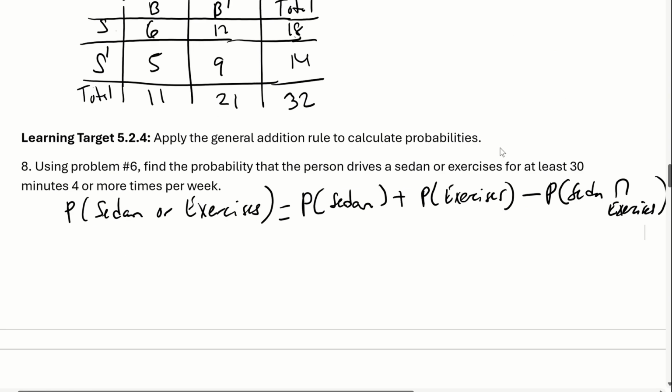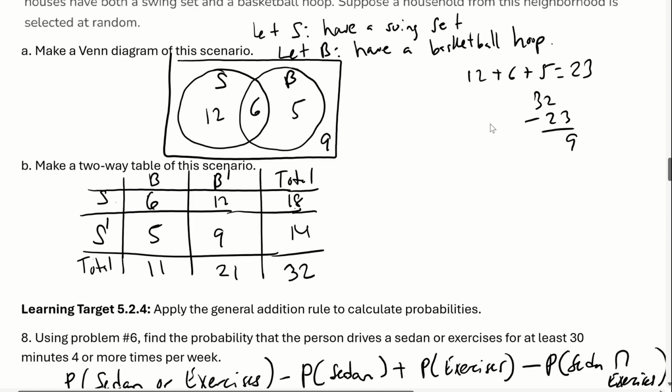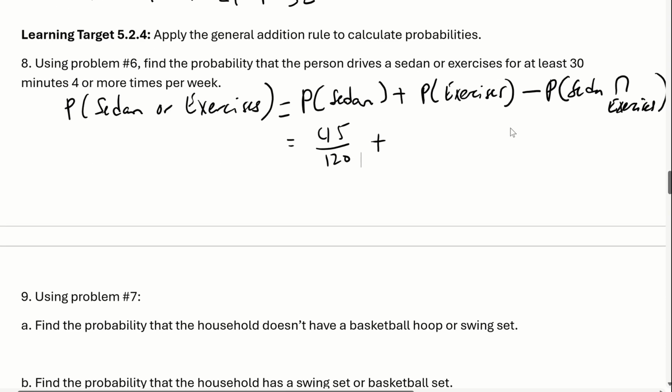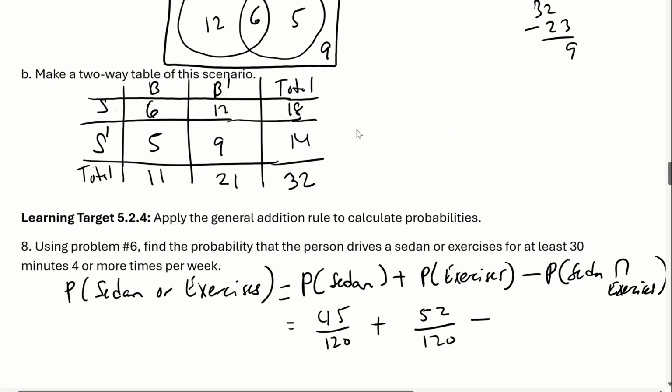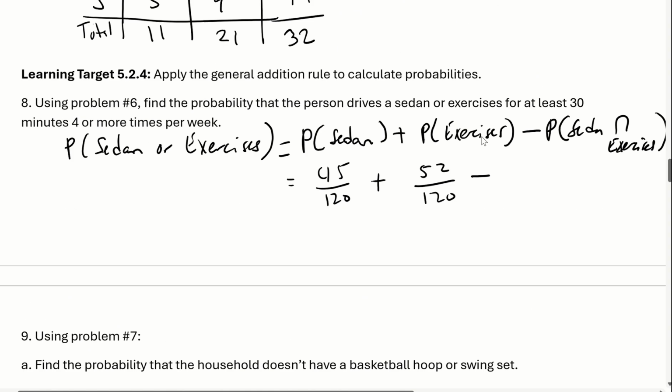Plus, how many exercised? There's 52 that said yes, out of 120. But then we have to be careful that there are people that exercised that also drive sedans. So we have to do sedan and yes for exercise. That's 25 out of 120. So we just have to take that away.